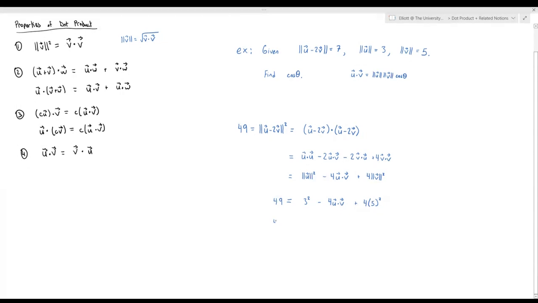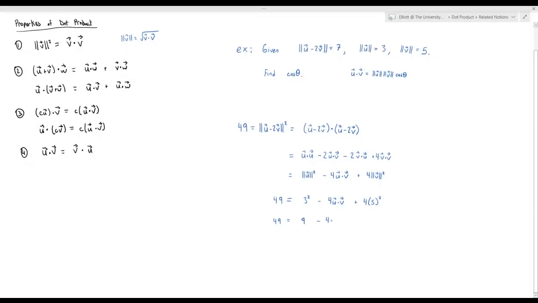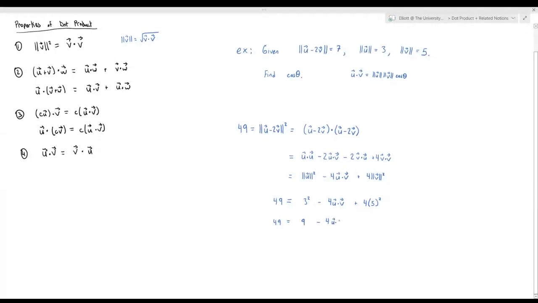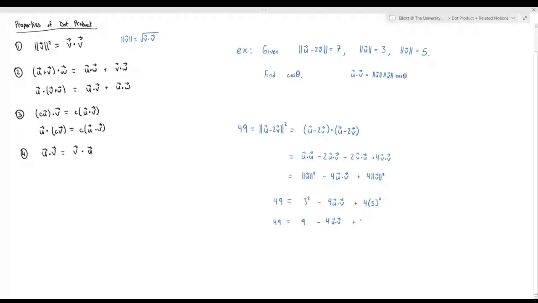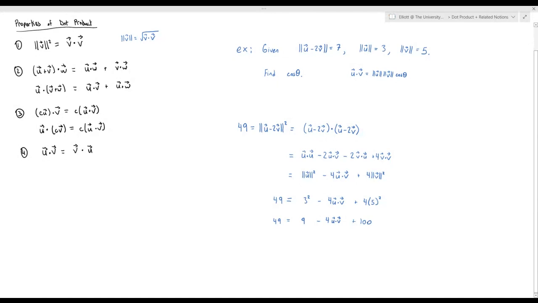So then 49 is 9 minus 4 times u dot v, plus 25 times 4, so that's 100. And what we can do in this equation is solve for the dot product.